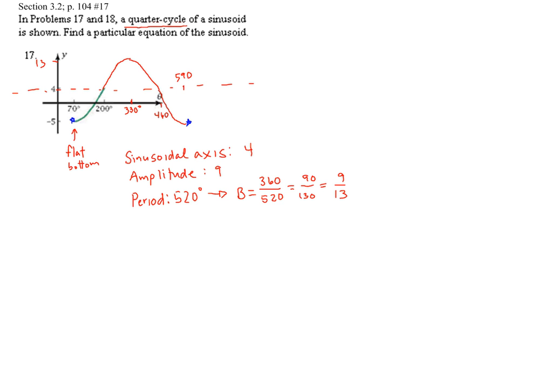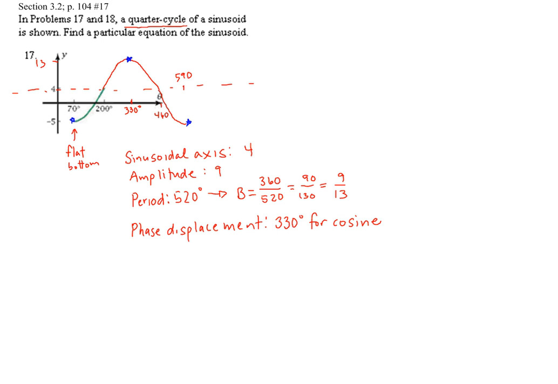And then the phase displacement depends on what type of graph I want to write this as. I can write it as a sine graph or as a cosine graph. Let's go ahead and do a cosine, and we'll then know that the point that I'm looking for is when the graph is at its peak here. So the phase displacement is 330 degrees for cosine.